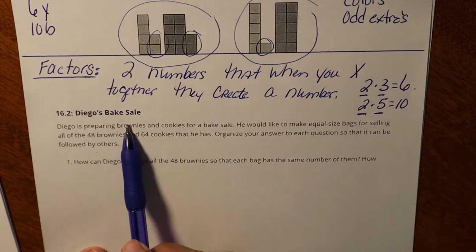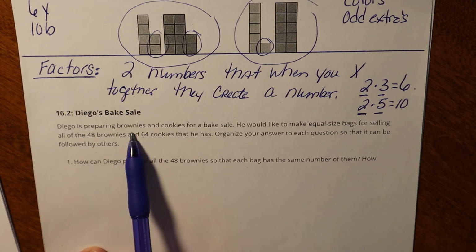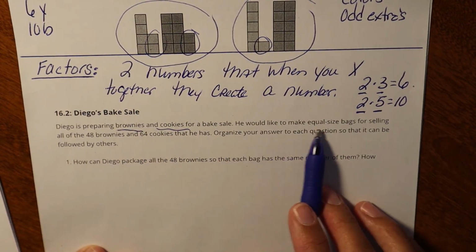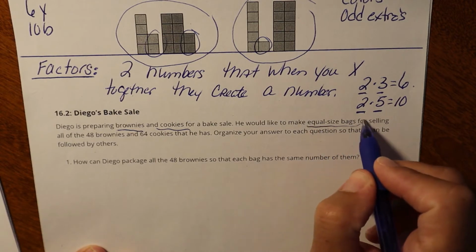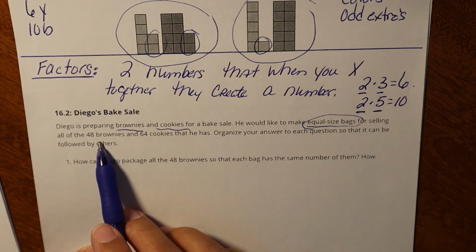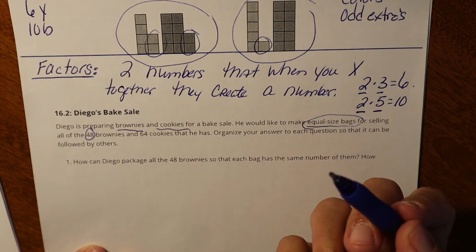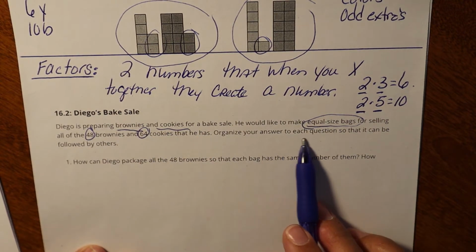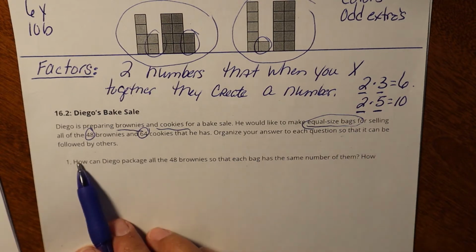All right, Diego's bake sale. Diego is preparing brownies and cookies for a bake sale. He wants to make equal-sized bags for selling all of the 48 brownies. So he made 48 brownies and 64 cookies. Organize your answer to each question so it can be followed by others.